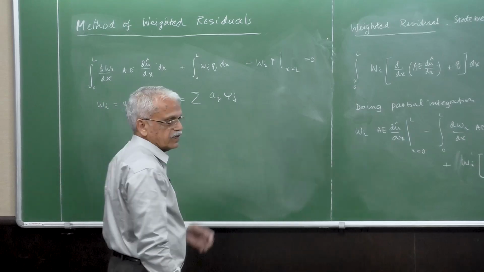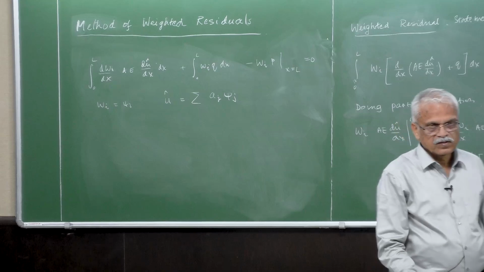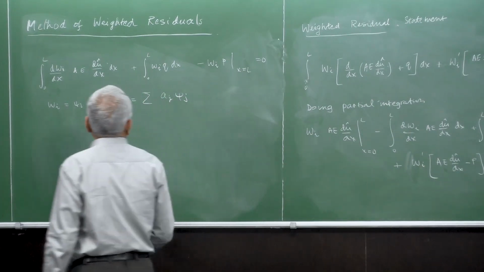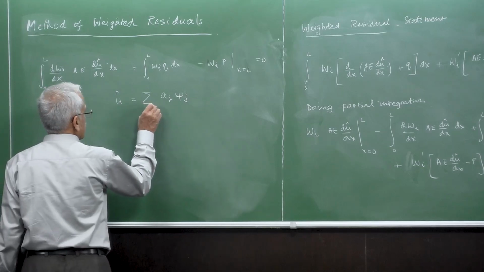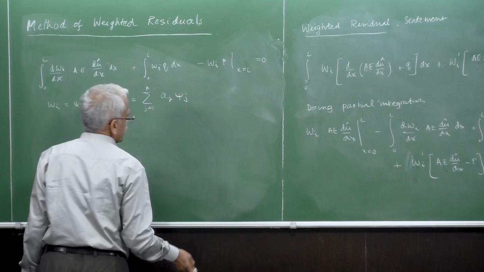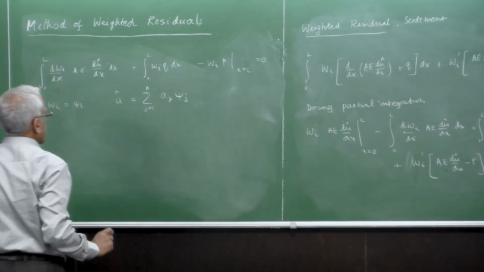And of course here psi naught is 0 because psi naught is supposed to satisfy non-homogeneous boundary condition, and we don't have non-homogeneous boundary condition here. U is 0 anyway at x is equal to 0, so we are neglecting that.